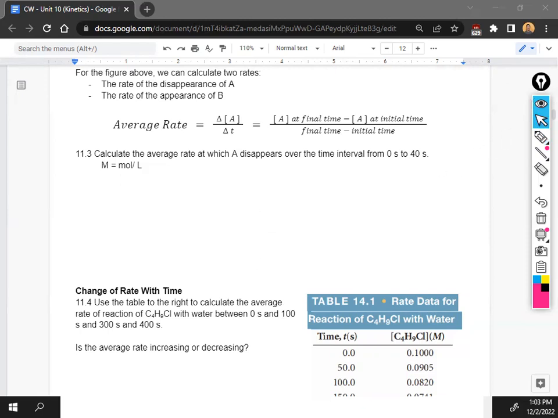So the average rate can be calculated by dividing the change in concentration by the change in time. And we always go final minus initial. Either the disappearance of A or the appearance of B. So the average rate of the change in molarity.